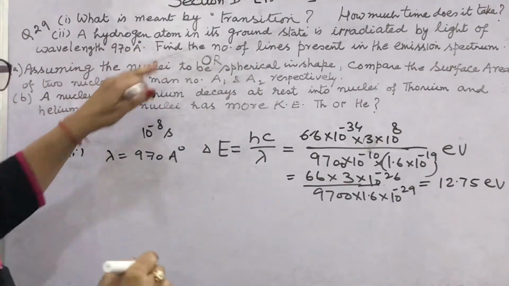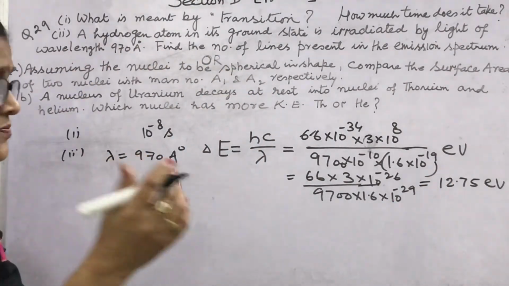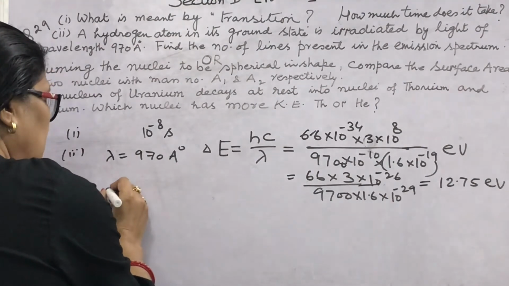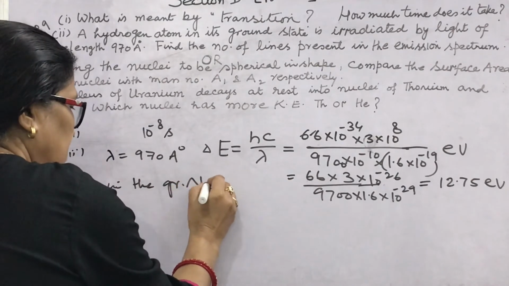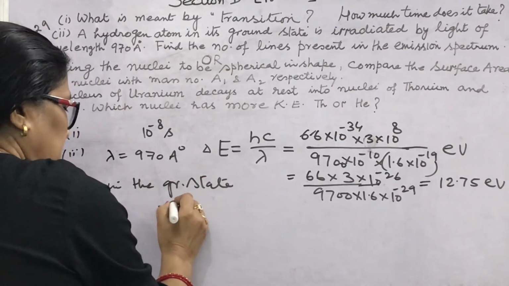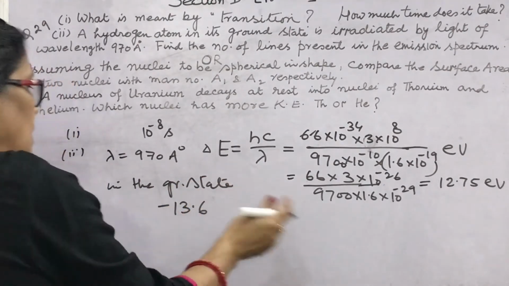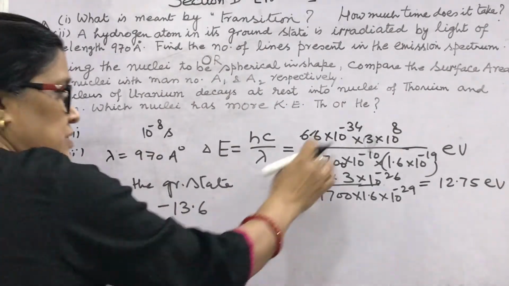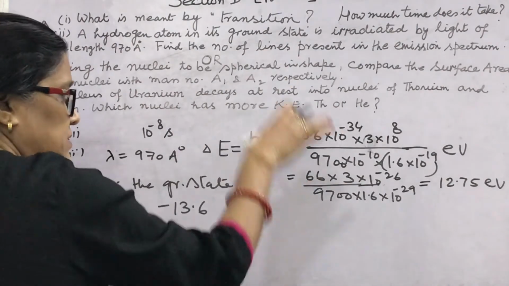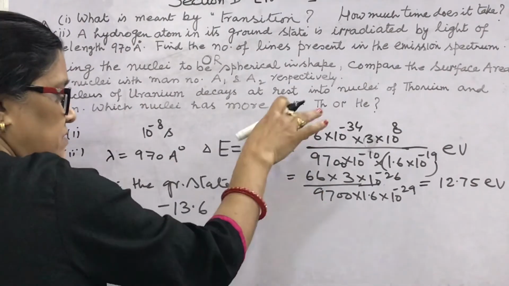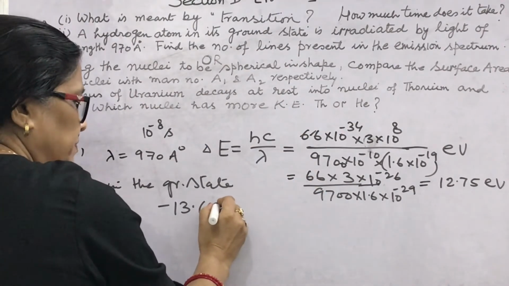How much energy does hydrogen have in the ground state? The energy of the hydrogen atom in the ground state is minus 13.6 eV. How much energy is supplied by this 970 angstrom radiation when it falls on the ground state of the hydrogen atom? You will add it.